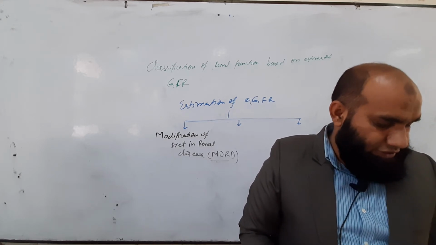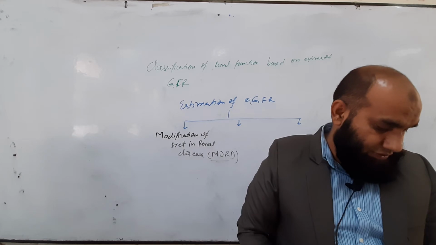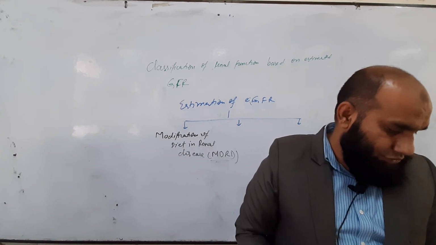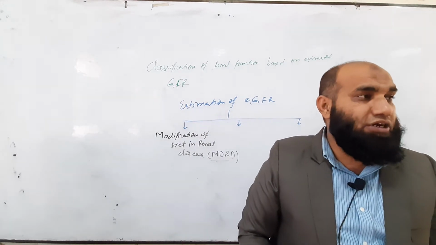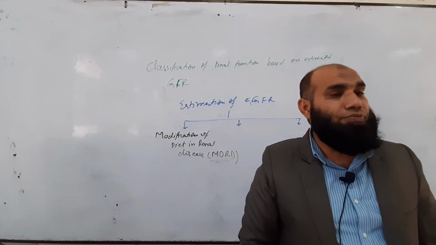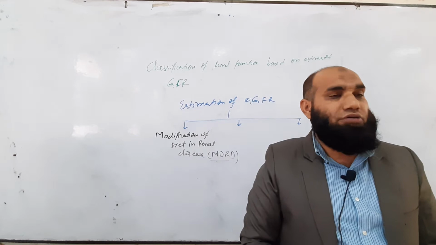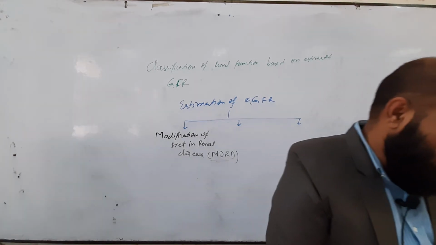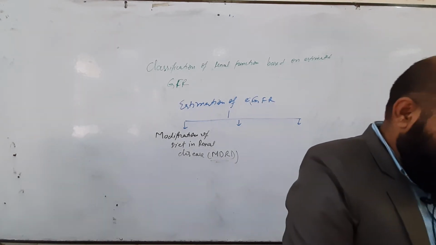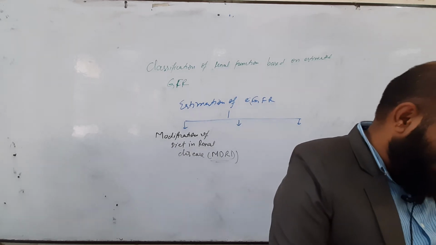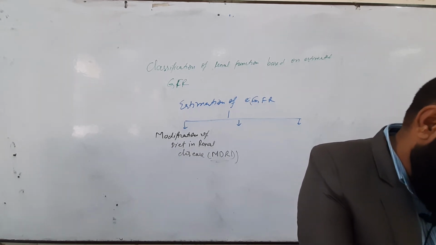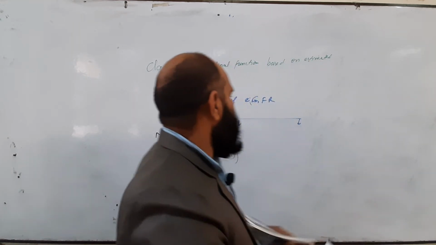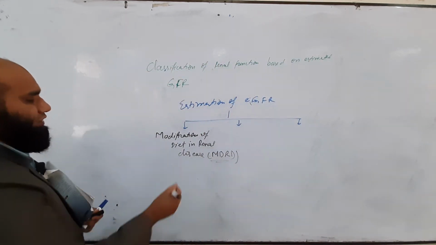In the MDRD method, we will assume that when we discussed the calculations of creatinine in the previous classes, we used the Cockcroft method. The Cockcroft method and the MDRD method are comparative, because in the Cockcroft method we used the formula 140 minus the age of the patient, and then body weight. There are two concepts.